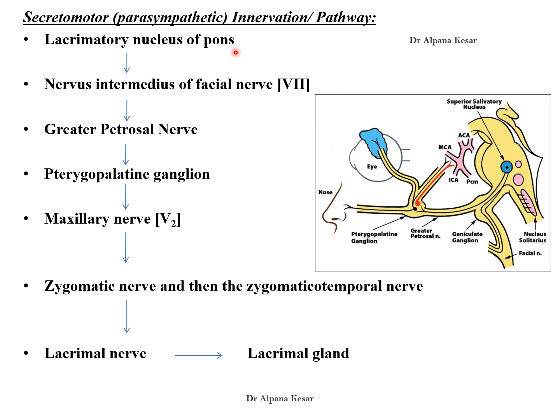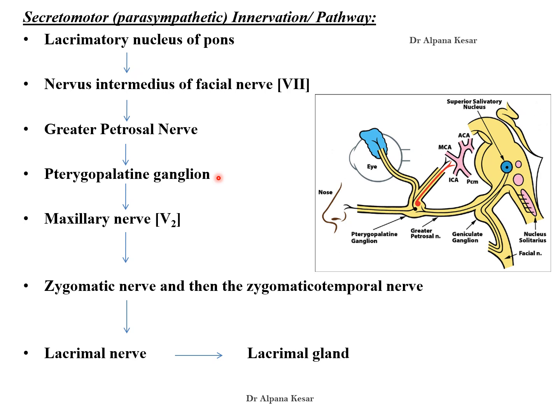These fibers then pass into the nervus intermedius of the facial nerve and then into the facial nerve. The preganglionic fibers then pass into the greater petrosal branch of facial nerve and relay into the pterygopalatine ganglion. The preganglionic fibers will synapse with the neurons present in the pterygopalatine ganglion.